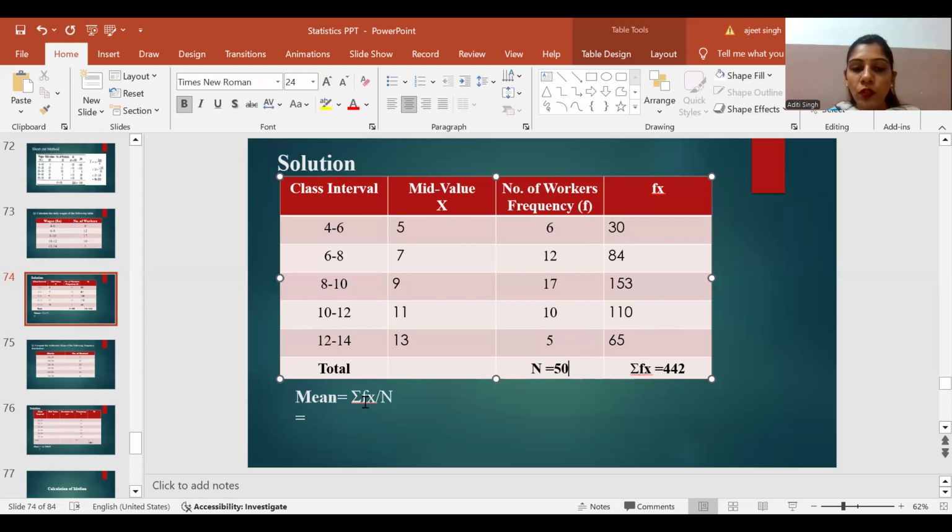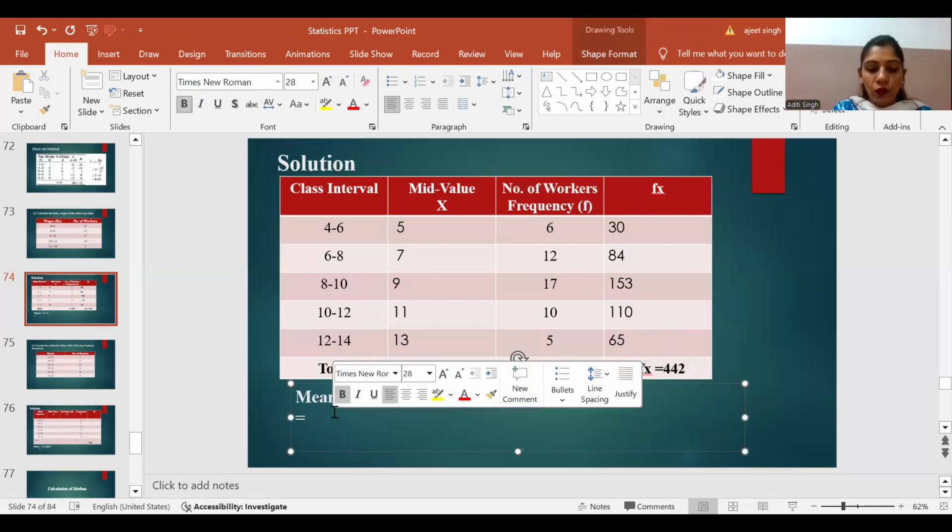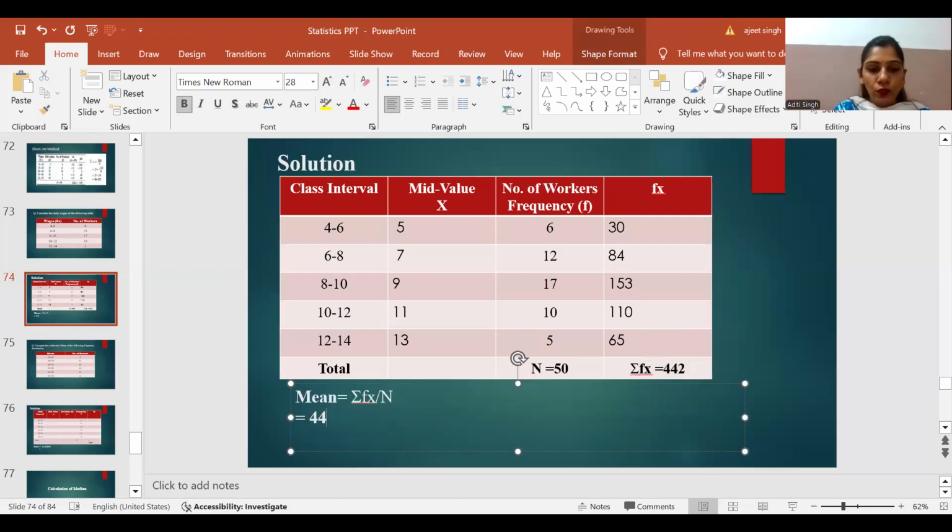Now we put all these values in the formula, sigma fx divided by n, which means 442 divided by 50. We do the calculation and get the value of mean.